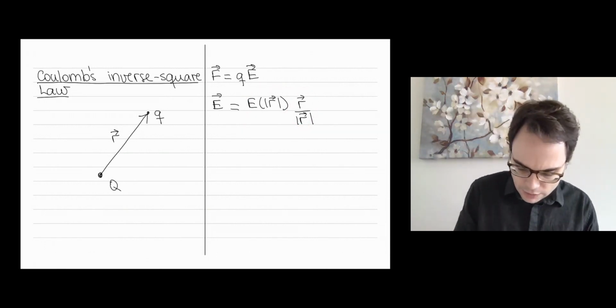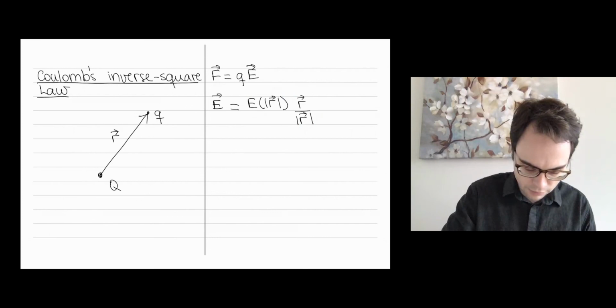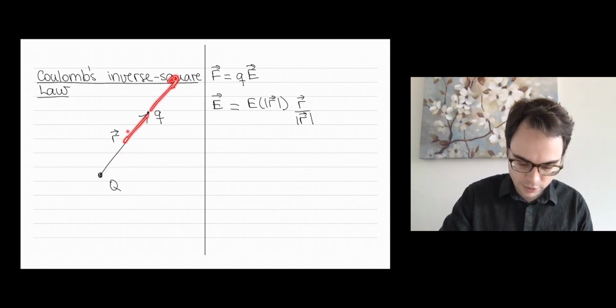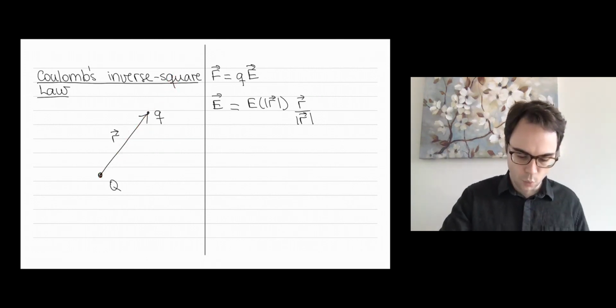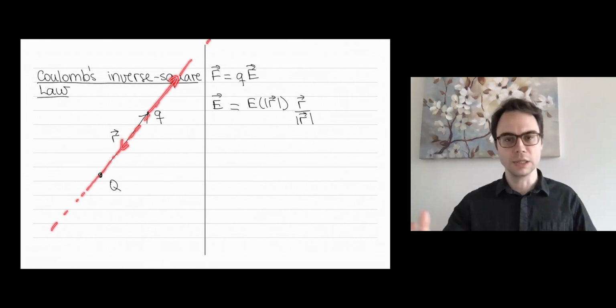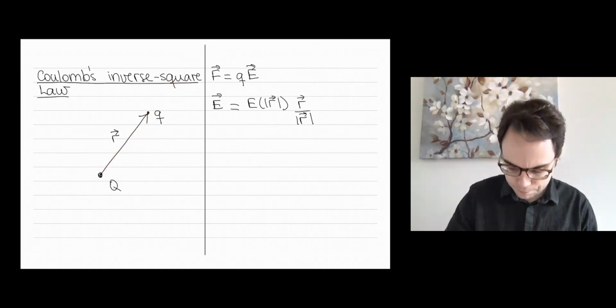I should note that the direction of the force must necessarily point either away from big Q or toward big Q, because the problem is symmetric around the axis that joins the two charges.